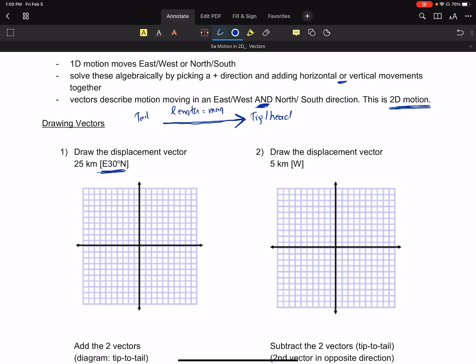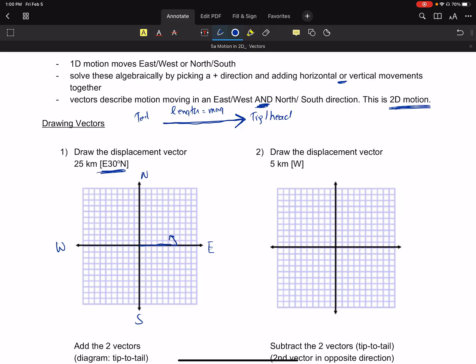Okay. So this is draw the displacement vector 25 kilometers east, 30 degrees north. So how we draw this is, this is north, east, south, west. Picture yourself on a graph. So you're going to go along the east line, and then you're going to make a turn 30 degrees to the north.